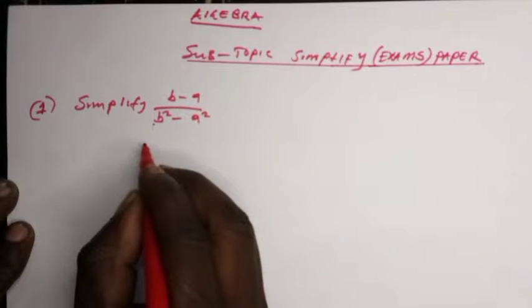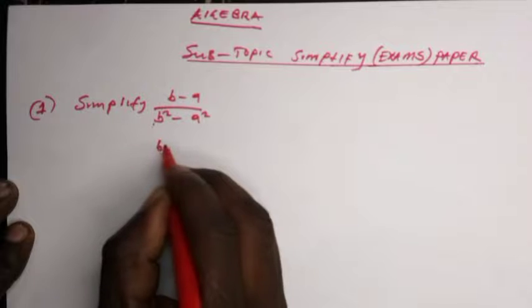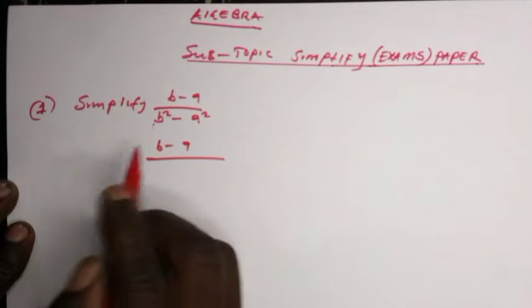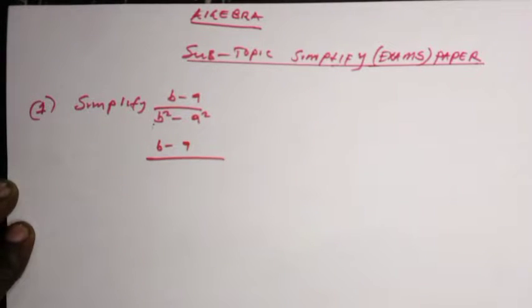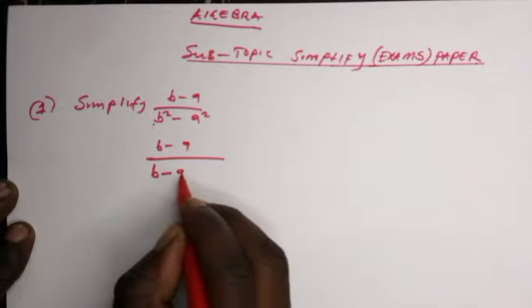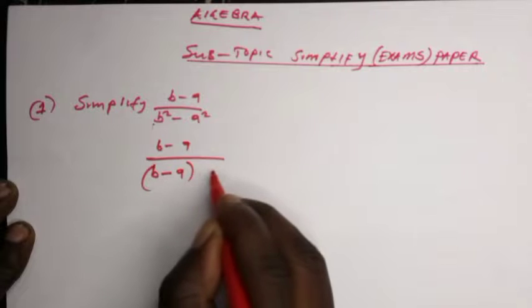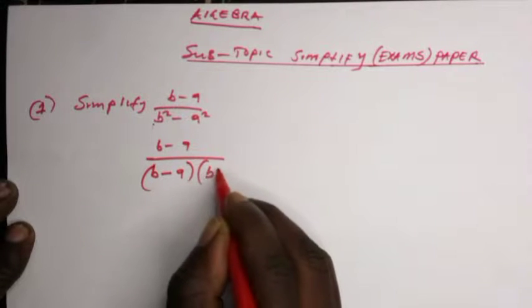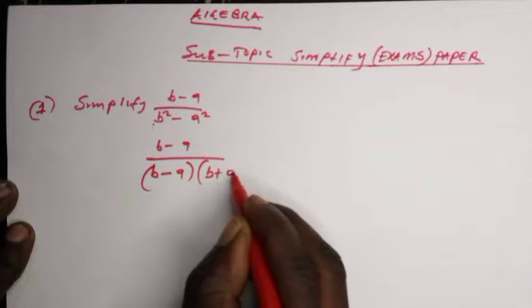So it will be b minus a on top. The bottom is the difference of two squares, which is going to be b minus a in the bracket and b plus a in the bracket.